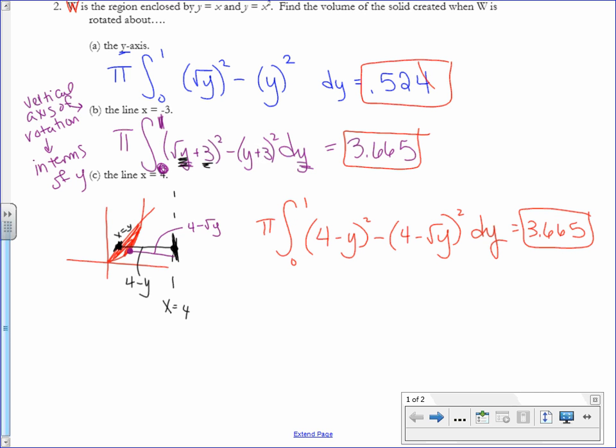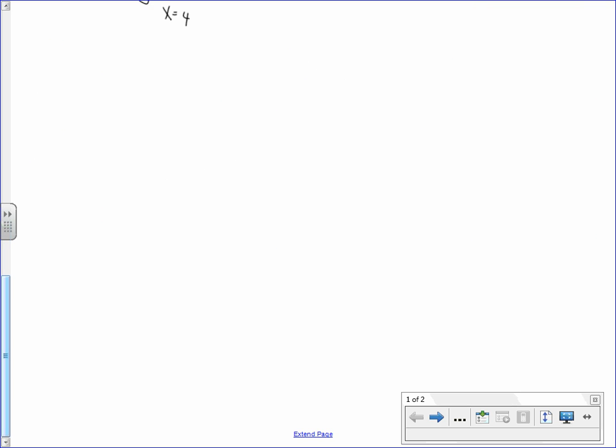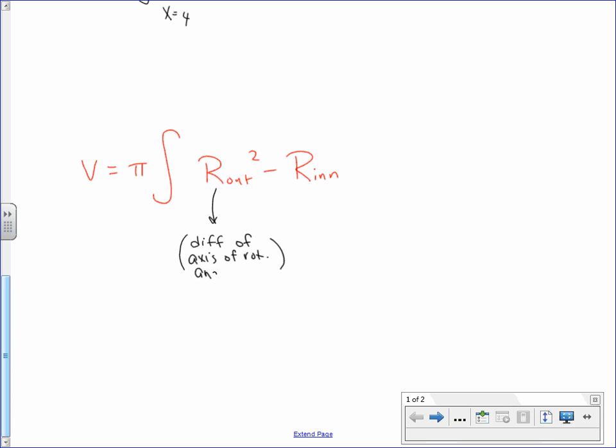Okay, so before we flip over the page, you need to know everything is still the same from the way we used to do it. When we do our volume, it's going to be pi times the integral of the outer radius squared minus the inner radius squared. However, when we go to take the outer radius and the inner radius, we have to find the difference of the axis of rotation and the curve.